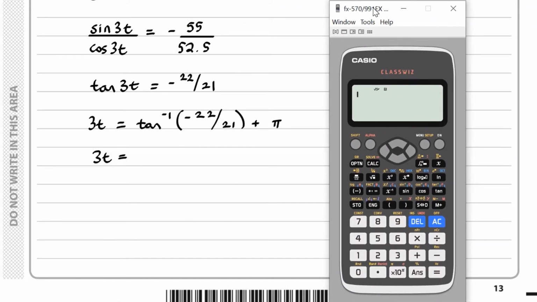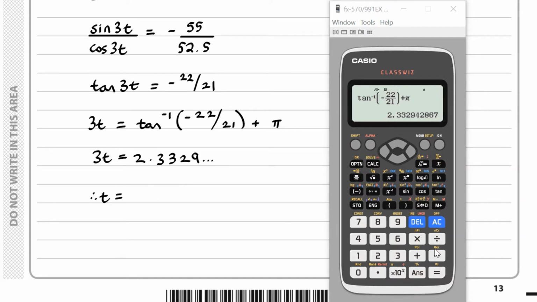So to work out that value, we have the inverse tan of minus 22 over 21 plus pi. We have 2.3329, etc. And therefore t is equal to, if I divide this by 3, 0.7776, etc. seconds.